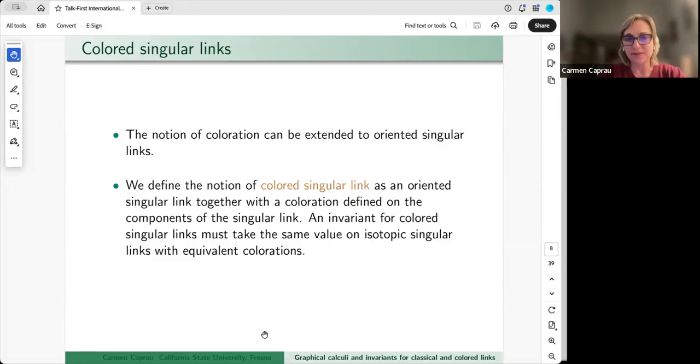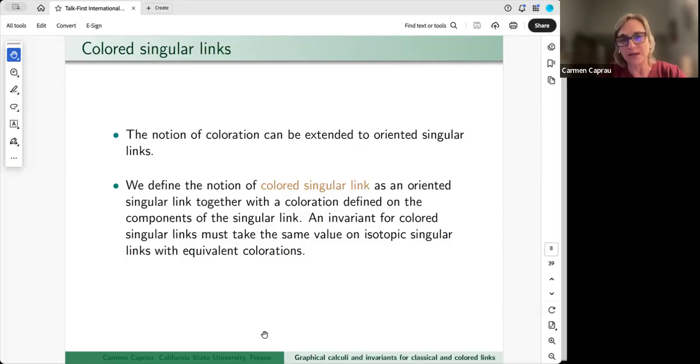In the same idea, you can think of singular links having several components, where for a component you just think of traversing the corresponding diagram of the singular link, and when you walk along the strands and get to a singular crossing, you go straight ahead versus turning left or right.